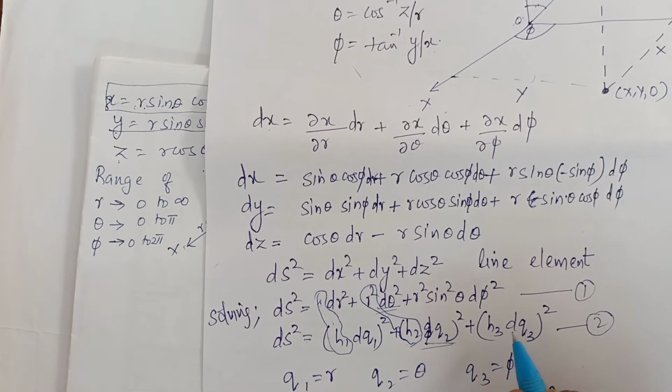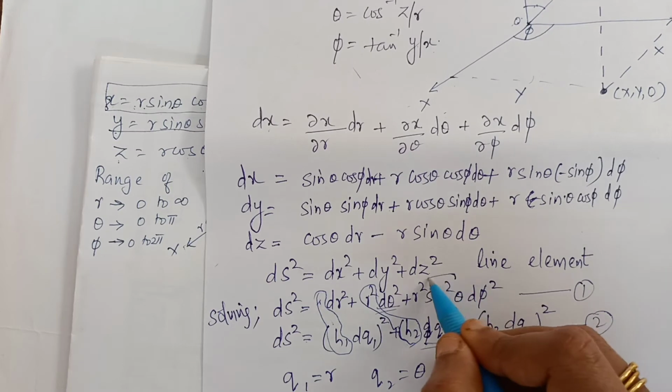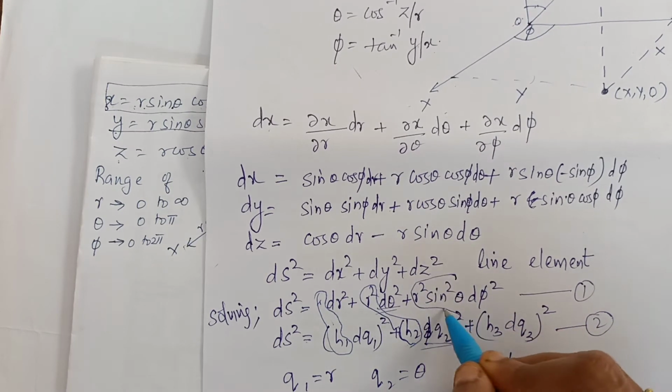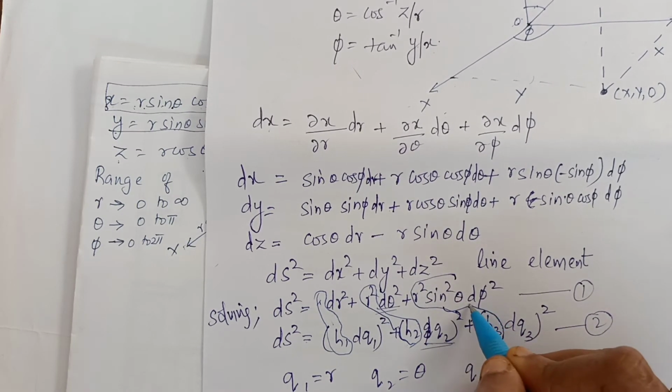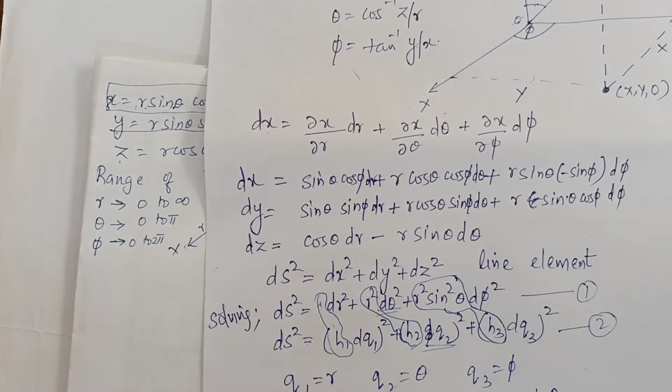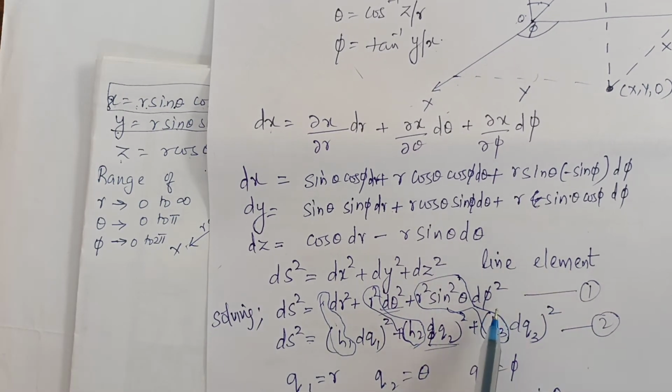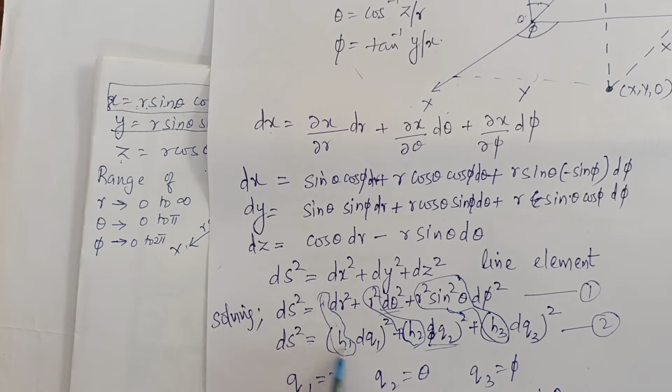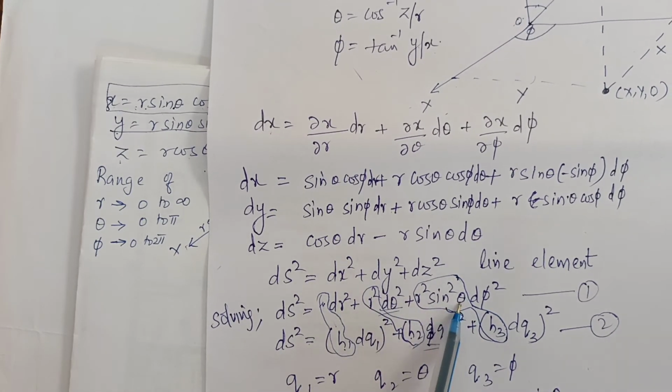Similarly, h3 square, the coefficient of d phi square, is r square sin square theta. So when we compared the scale factors as coefficients of dr square, d theta square and d phi square, we got h1 is equal to 1, h2 is equal to r, and h3 is equal to r sin theta.